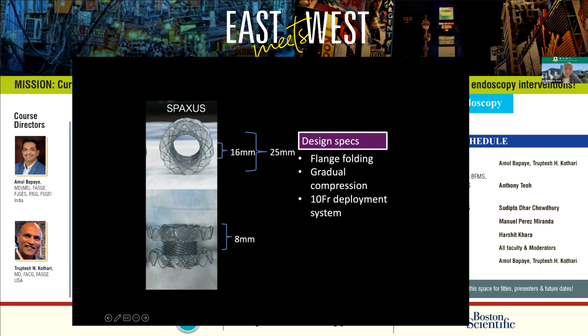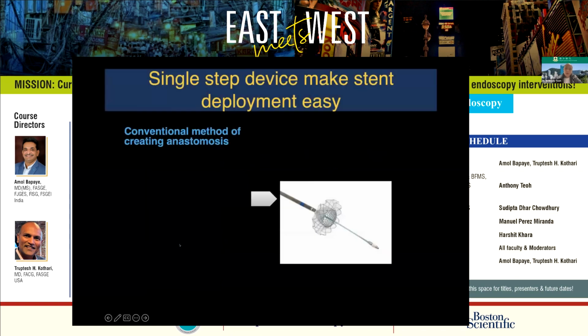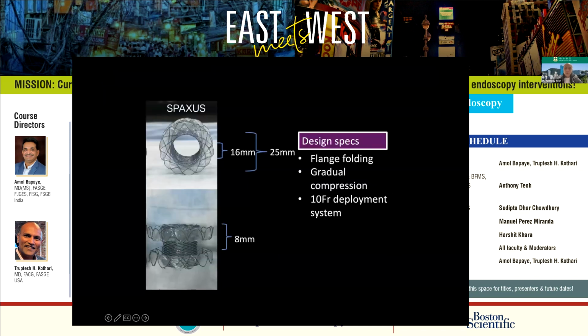The distance between the flanges would be 8 millimeters when completely unfolded. But with a longer distance between the two organs, these flanges do not necessarily have to fold completely together, so even for longer distances, this stent can sit relatively well.